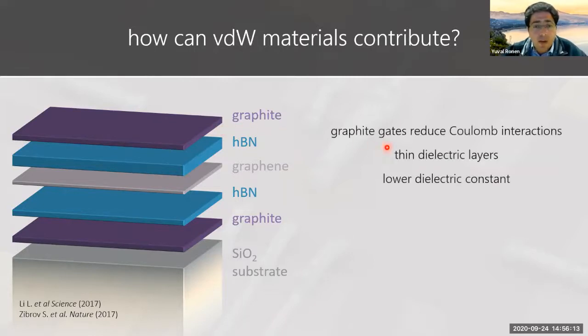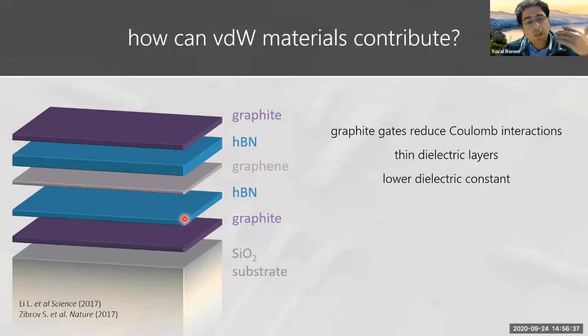Now, as I said, van der Waals is a good approach to answer this question, because these graphite gates can basically reduce the Coulomb interaction, which is causing this Coulomb-dominated effect, and I'll get to it later. And you can also make this HBN very thin, which will increase the capacitance to the Fabry-Perot.